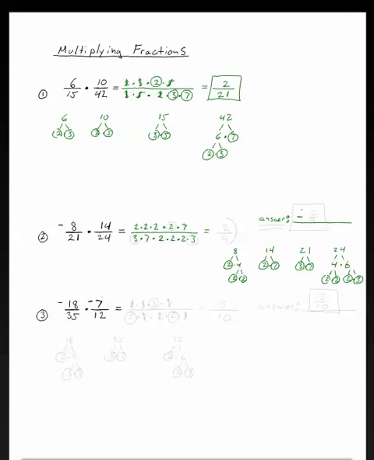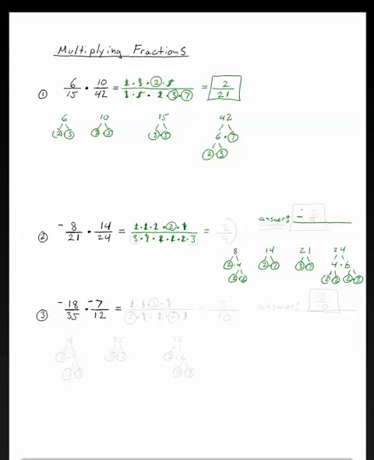Now I'm ready to cancel common factors. So I can cancel this 2 with that 2, this 2 with that 2, this 2 with that 2. Now I have another 2 left in the numerator, but I don't have any 2's left in the denominator, so I'm going to have to keep that 2. I can cancel this 7 with this 7.